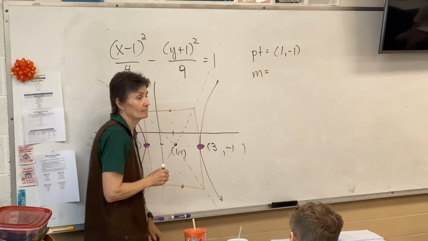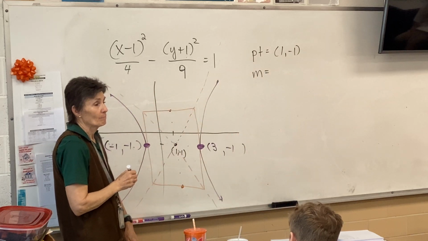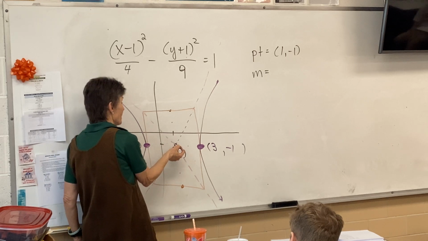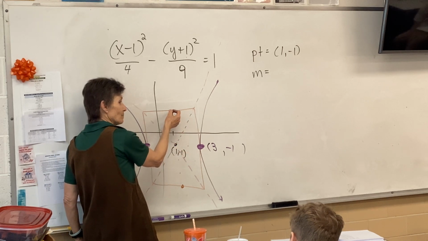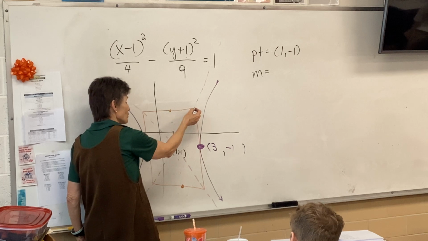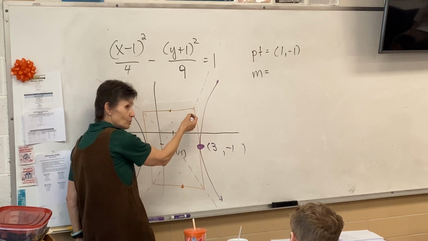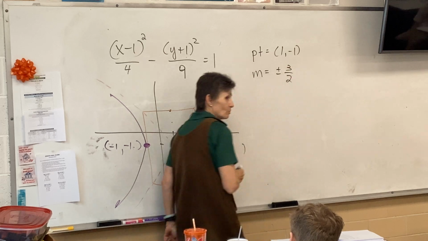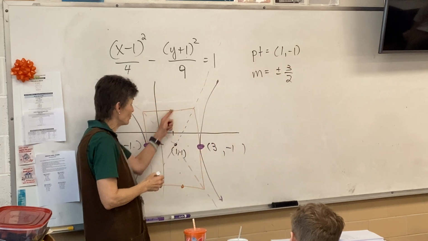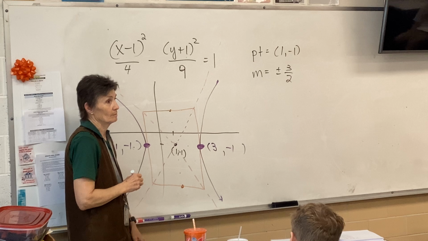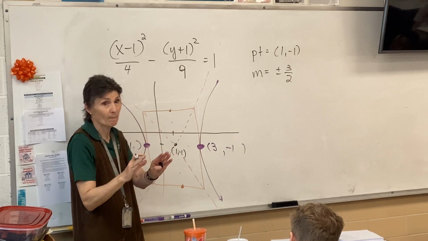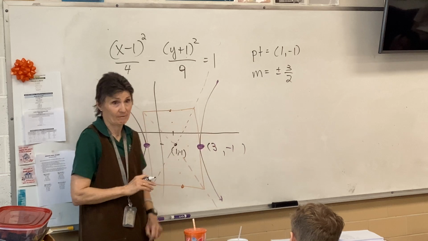That's my point. And then my slope, just remember how you built the box. How many up did you count? 3. How many over did you count? 2. So your slope is either positive or negative 3 halves, depending whether you went right or left. The slopes are always the same number. One's positive, one's negative.